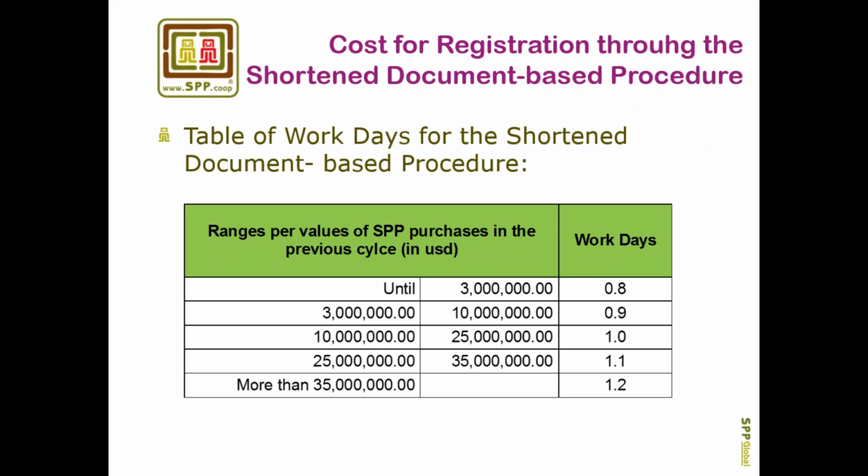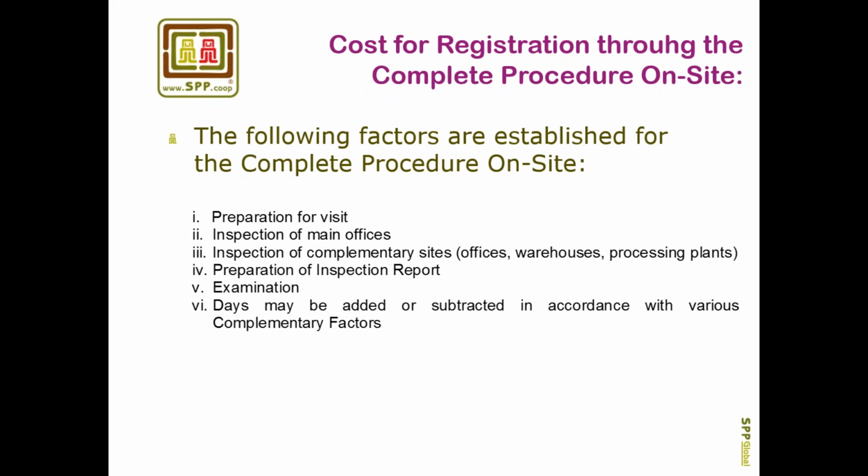And for the shortened document-based procedure, you can see that work days are less than the normal document-based procedure. The certification entity has to have the fee per day, in order to multiply it with the work days for the total economic offer.